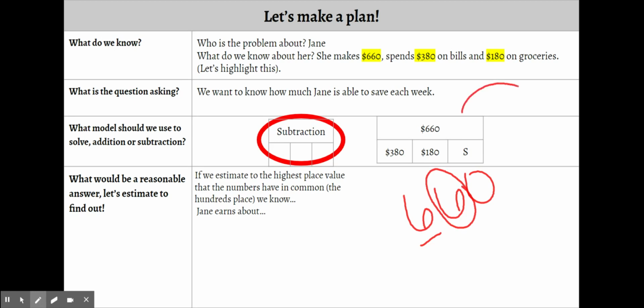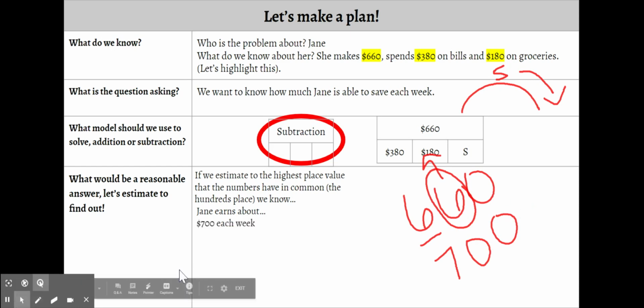And because I know that 5 or more rounds up, I am going to round the 600 to a 700 and change all the numbers to the right to zeros. So that tells me that she earns about $700 each week.